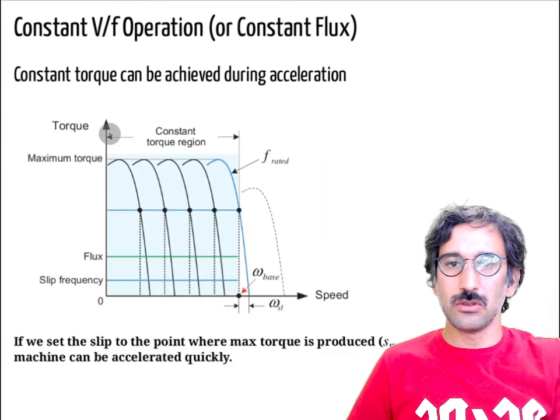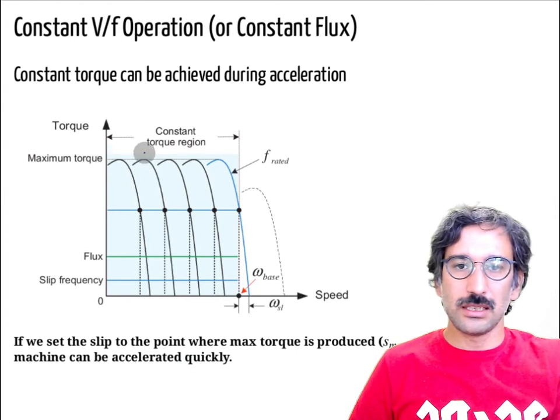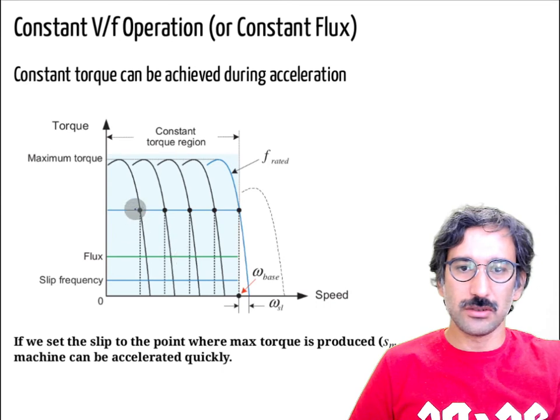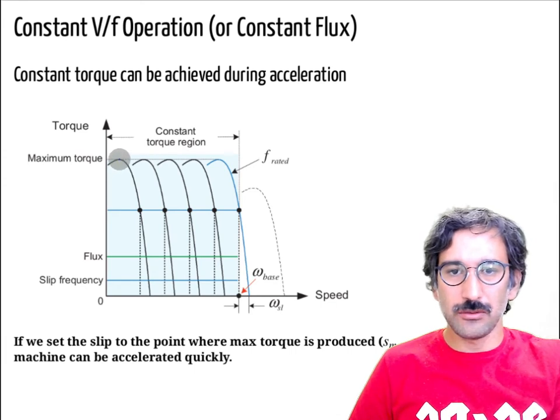So in the constant V by F operation, you can actually run your motor by changing the frequency, so you can run it at different slip values. So actually, depending on how you want to accelerate, you can move that point to the maximum.